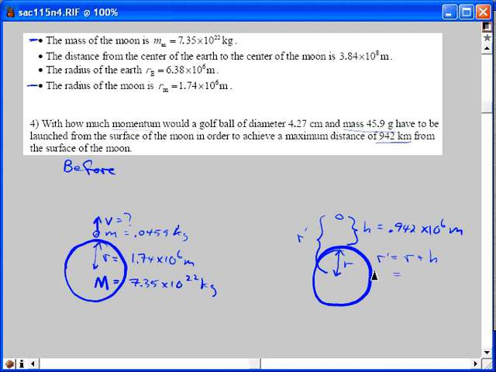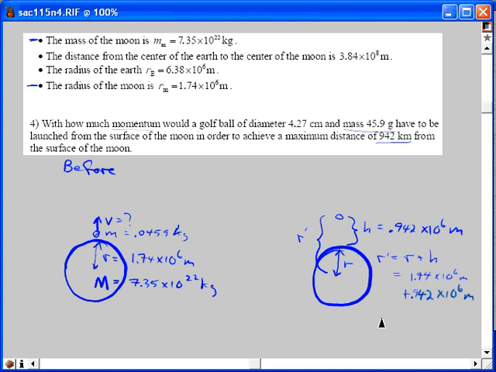which is 1.74 megameters. I'll still write it as times 10 to the 6 meters plus 0.942 times 10 to the 6 meters.